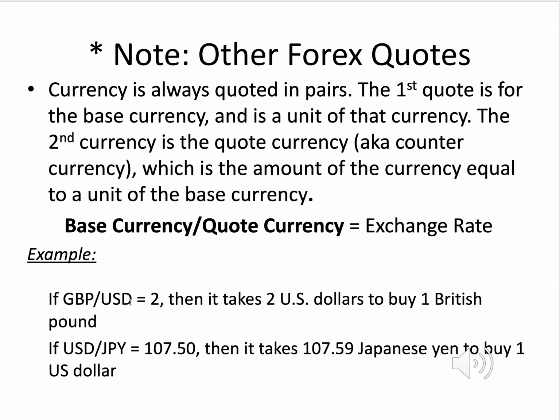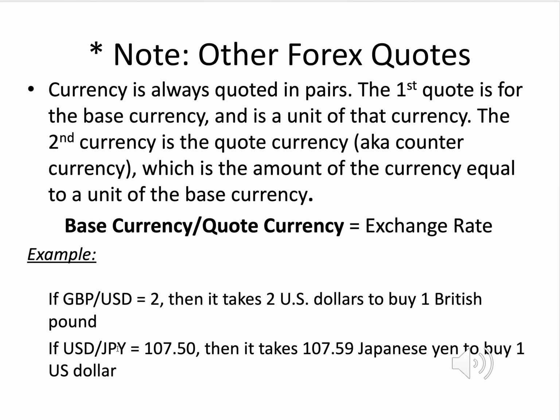Let me say it again. The slash here is not per, okay? It's just versus. So you're looking at numerator, denominator, whatever the denominator, the last one, is the quoted currency. The first one is the foreign currency you're dealing with. So in the next one, USD versus JPY, 107.